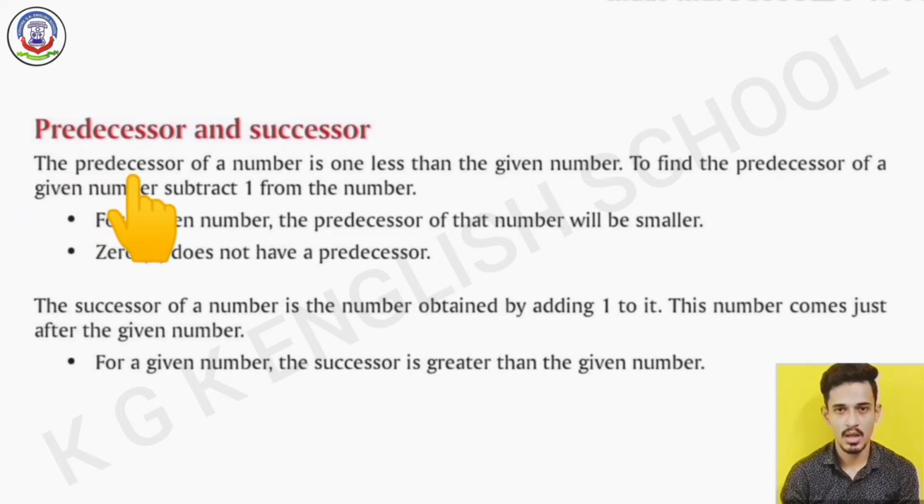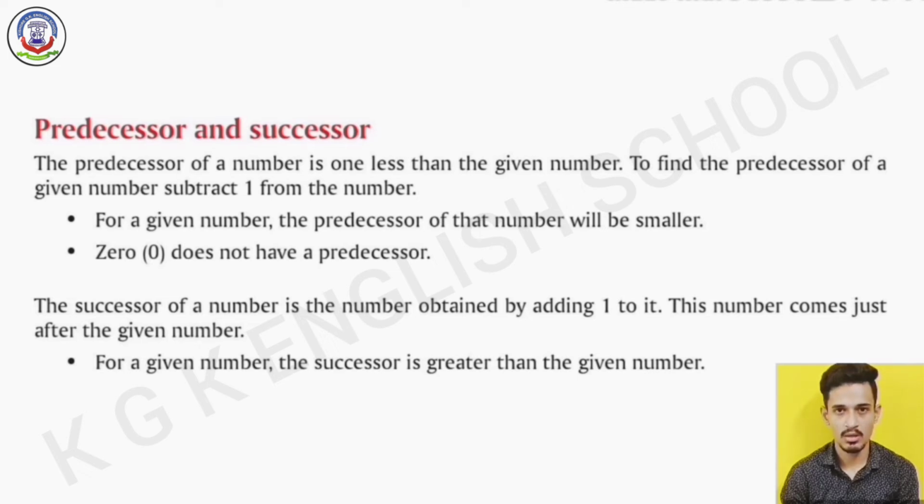Now our next topic is predecessor and successor. The predecessor of a number is 1 less than the given number. To find the predecessor of a given number, subtract 1 from the number.